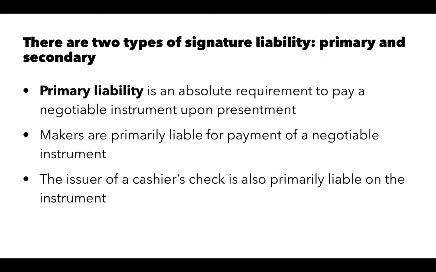So whoever makes the note has primary liability for the instrument. And finally, an acceptor also has primary liability. Remember, an acceptor is a drawee who has, by signing an instrument, agreed to pay it when it is presented for payment.